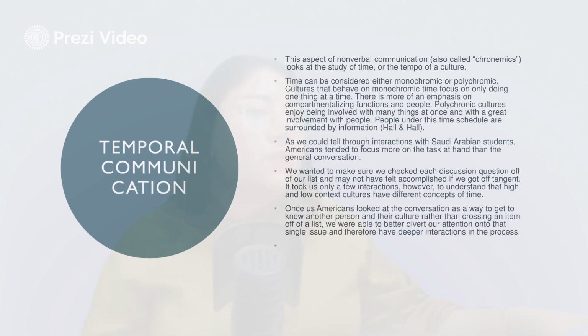So here, when it comes to temporal communication, this is a study conducted by Hall and Hall. I'll try to find the year because this was actually prepared by the team. When it comes to temporal communication, usually American students tend to focus more on the task at hand than the general conversation. But when it comes to Saudi Arabian students, most of the time they can somehow do two things at the same time. I used to teach at Management Science University a long time ago.